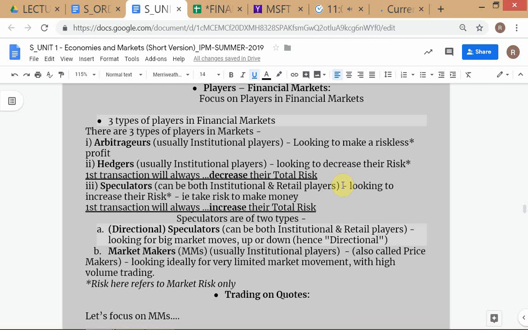At this point, understand a hedger as somebody who's looking to reduce risk, a speculator as somebody who's trying to increase risk, and an arbitrager as somebody who's trying to lock in a profit without taking any risk. The risk we are discussing in these definitions is only market risk. It does not refer to credit risk.